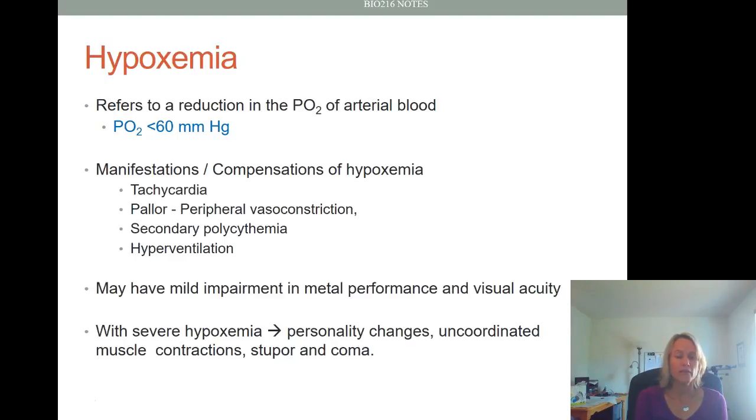Depending on how bad the hypoxemia is, we can have impairment of mental performance and visual acuity. With severe hypoxemia, you can get personality changes, uncoordinated muscle contractions, even stupor and coma.